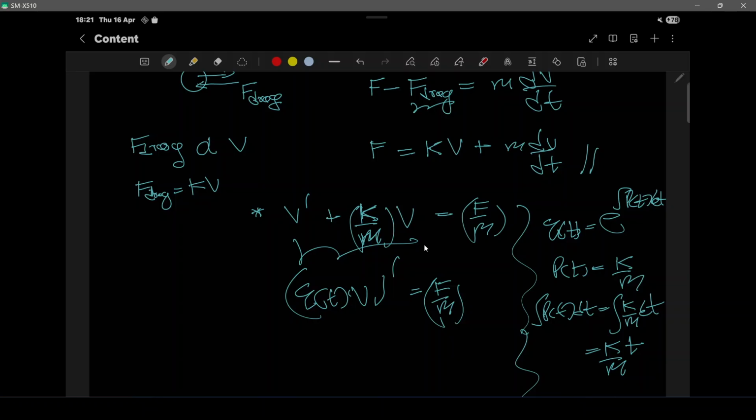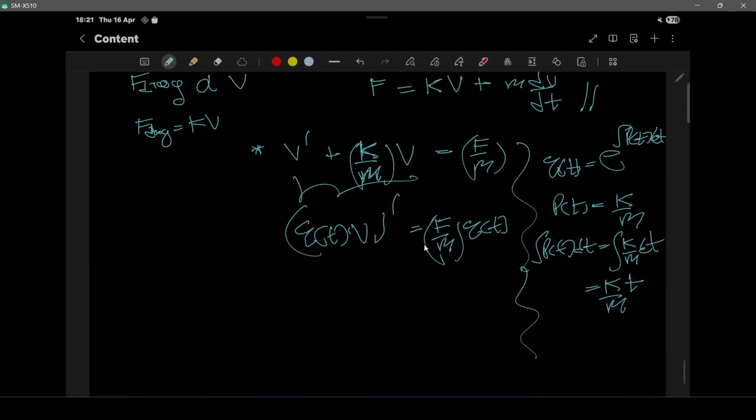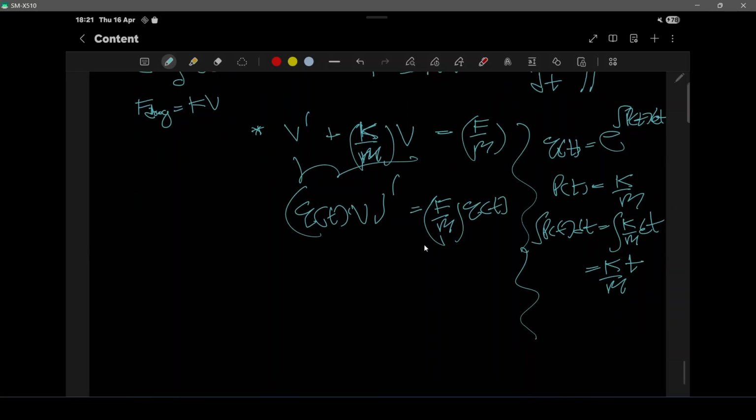This is also a constant times μ(t). So you integrate both sides. If you integrate both sides, you will get μ(t) times v is equal to the integration of f over m, which is a constant, times μ(t), plus c.